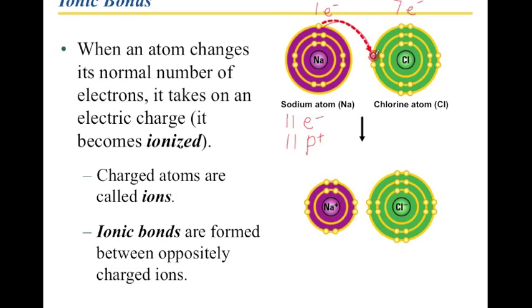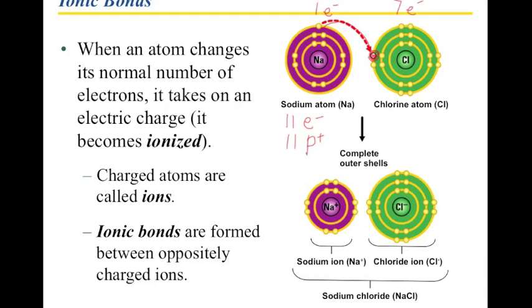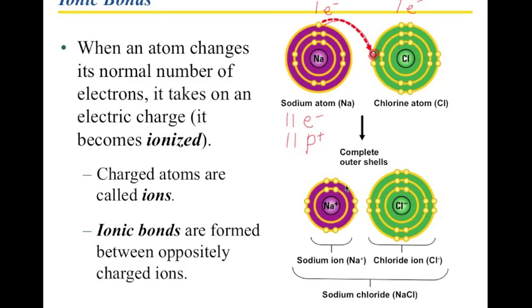Now that's really good because that way, for both of these atoms, the outermost shells are complete. If you look at the numbers now, there's an outer shell with 8, and there's an outer shell with 8. But notice here, because sodium gave away one of its negative charges, it is now an ion with a positive charge.